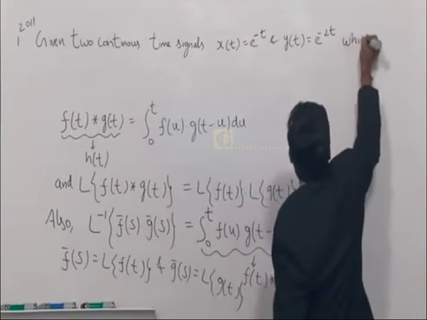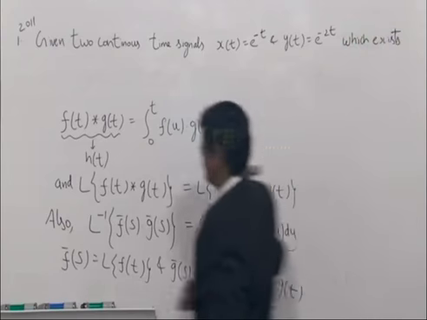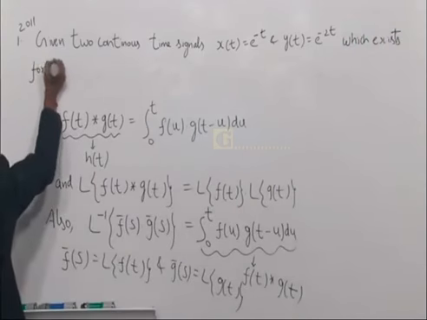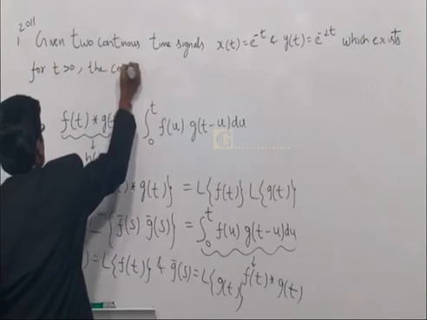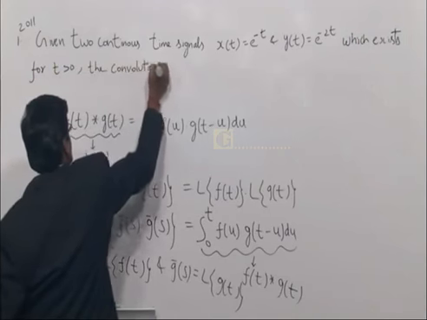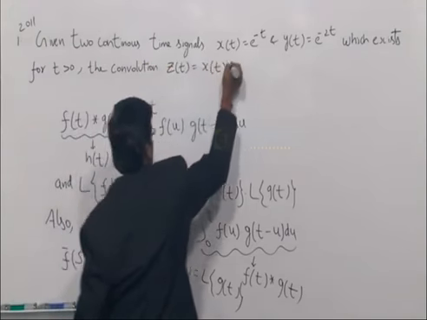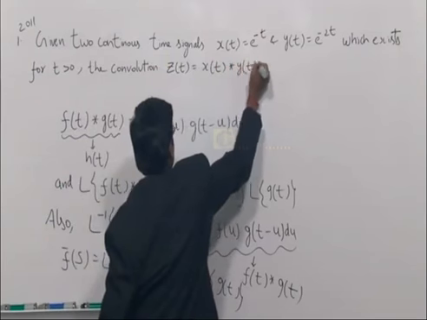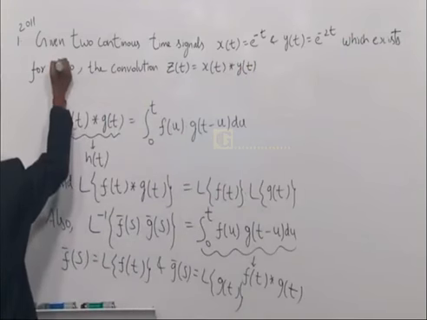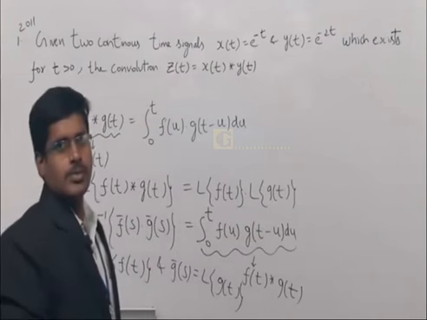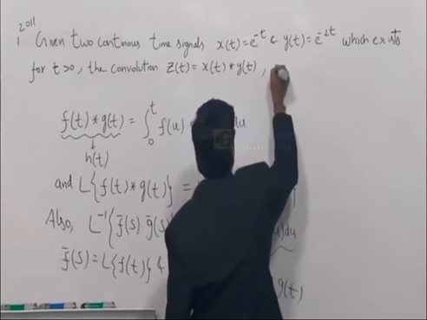which exist for t greater than 0, the convolution z of t is equal to x of t star y of t, is.